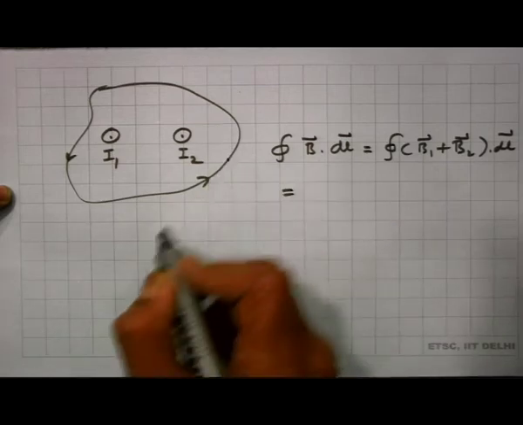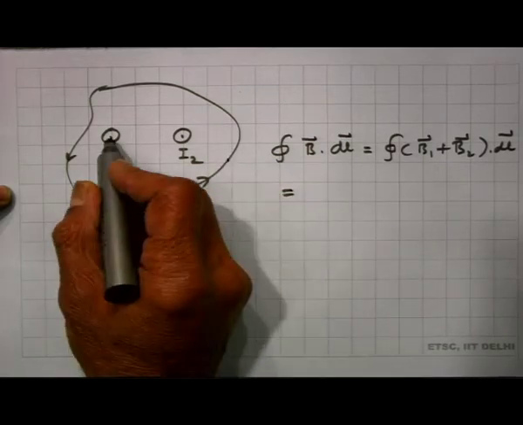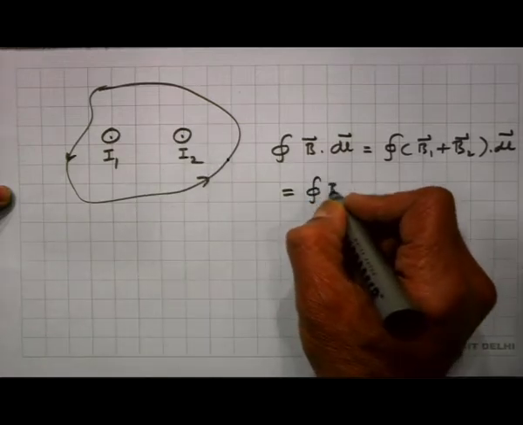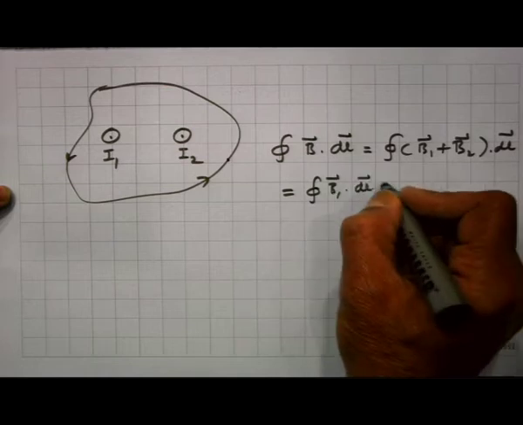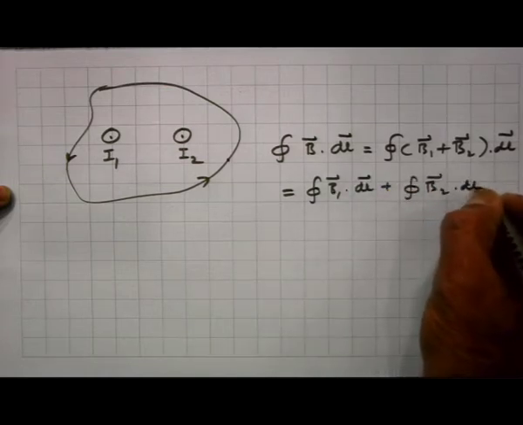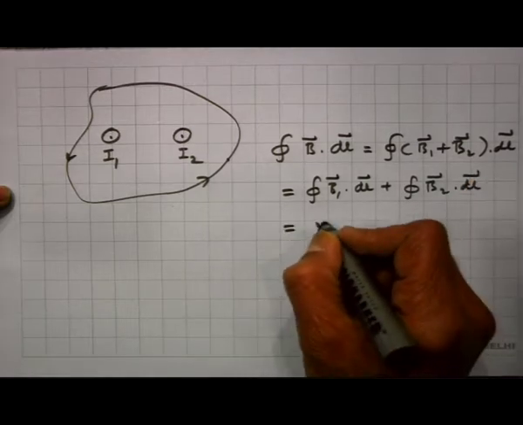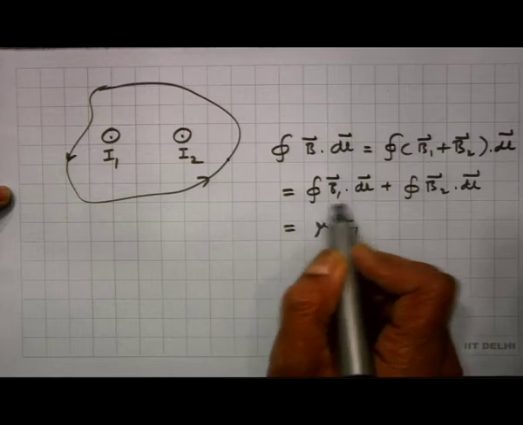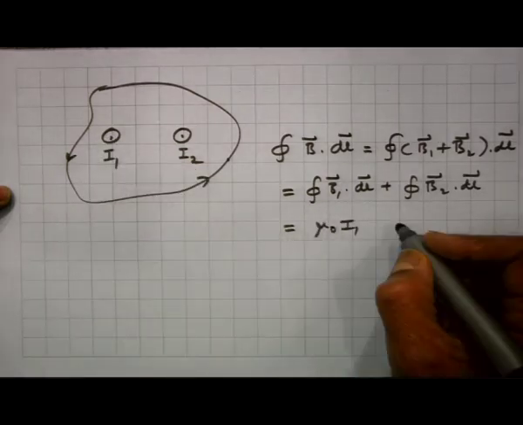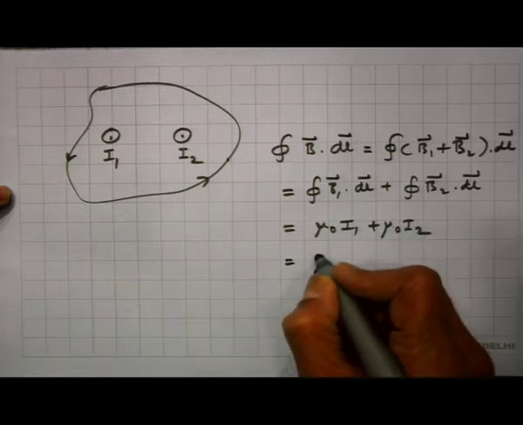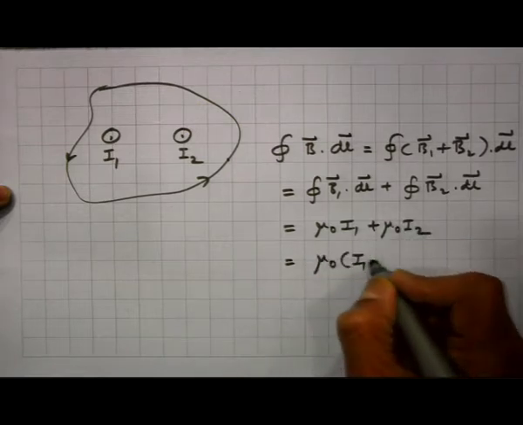So, the total magnetic field at any point is the sum of the magnetic field because of I1 and the magnetic field because of I2. So, this is nothing but integral B1 dot dl plus integral B2 dot dl, and this is equal to mu naught times the current carried by conductor 1 plus mu naught times I2. So, this is nothing but mu naught times (I1 plus I2).